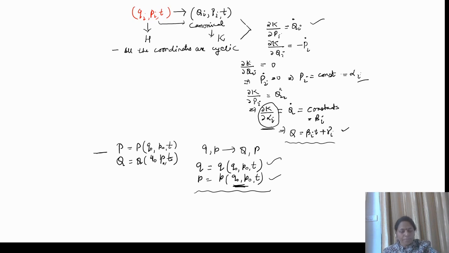Because my aim is that K should be either 0 or constant. Why? Suppose q, p is the old system, and capital Q, P is the new system.